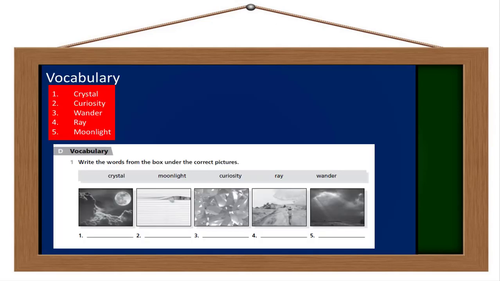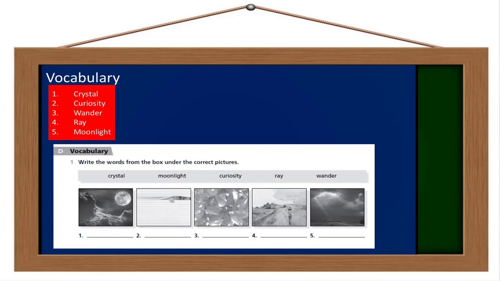We have five vocabulary words: crystal, curiosity, vendor, ray, and moonlight. You have learned some definitions of this vocabulary, but today you can do word matching.